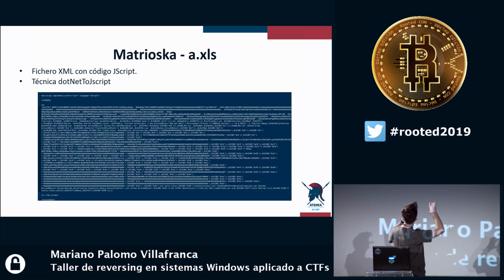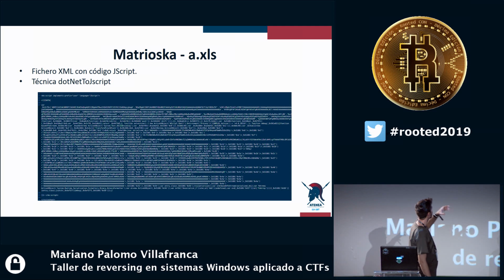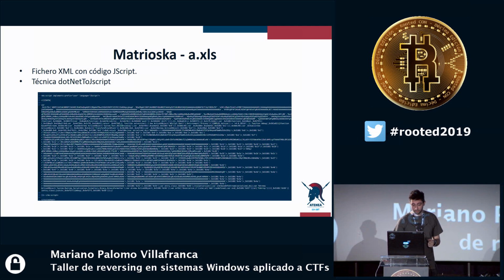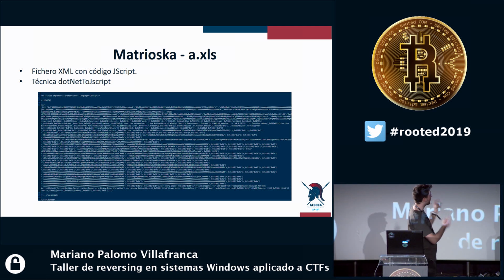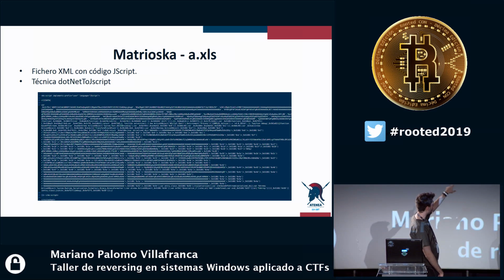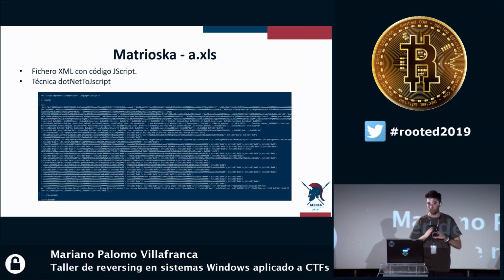It was a header XML. In the end, there was a tag defined here that is the language JavaScript, and the code has lots of strings here. As we see, it's base 64, and there are things we have to clear. If we look for the strings with the codes we have here, there are references that could be a .NET reference to JavaScript.